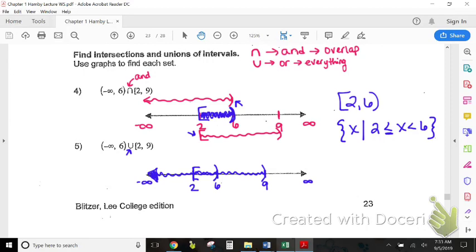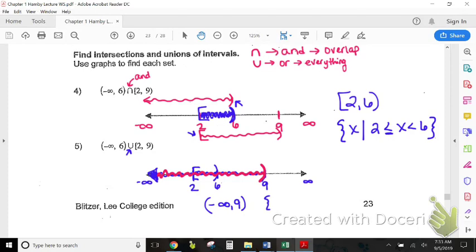So what is actually shaded on this one? The negative infinity all the way to 9, and 9 has a parenthesis, right? So you just said it was negative infinity to 9. 9 had a parenthesis. Infinities always have parentheses.